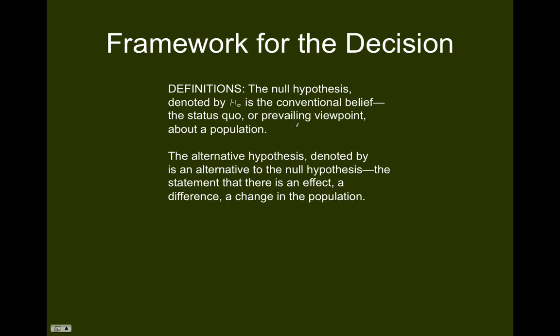In the case of Bigfoot, that's DNE, does not exist. Then we have the alternate hypothesis, which we denote with a capital H and a subscript of 1. This is an alternative to the null hypothesis: the statement that there is an effect, or a difference, or a change in the population. Here that would be, yes, there is a Bigfoot.